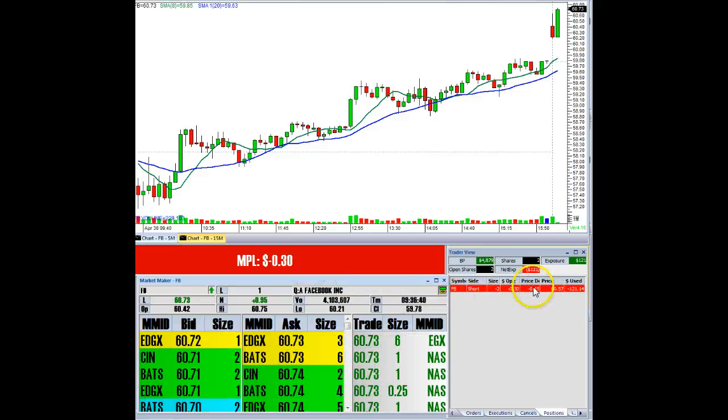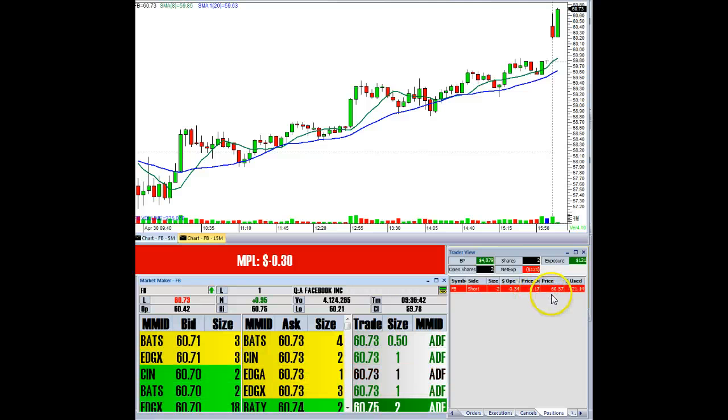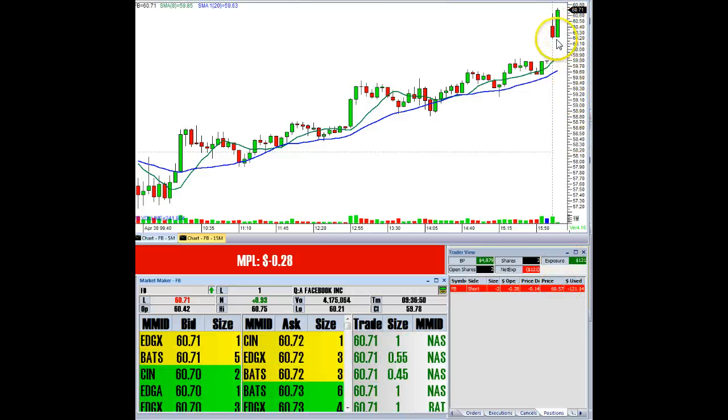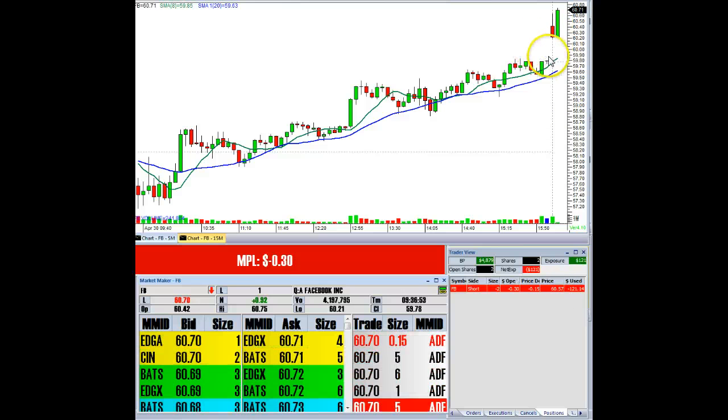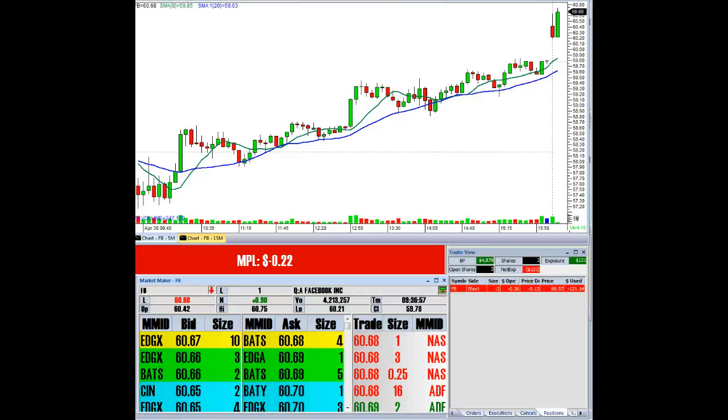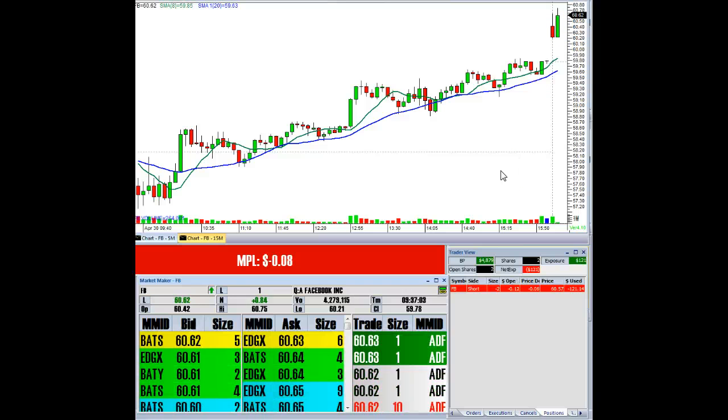I'm only 15 cents away from my average price. So now I'm short two shares here at $60.57. It's at 60.70. And what you want it to do is to run up. You build into a position, and then it pulls back down, and then you have more size.